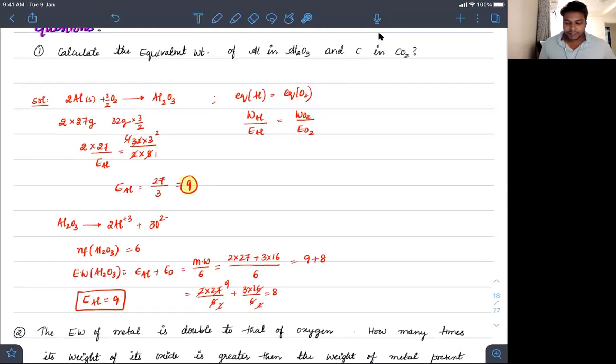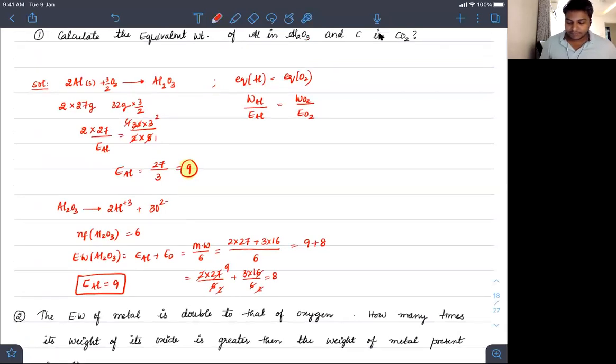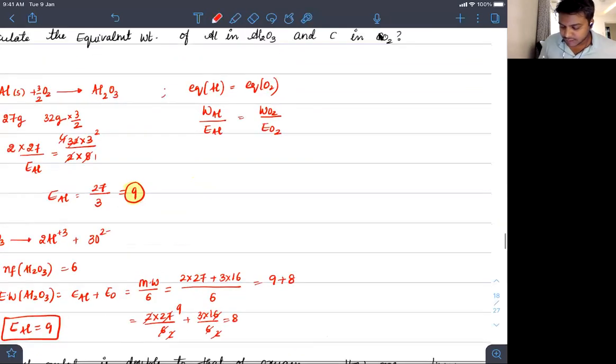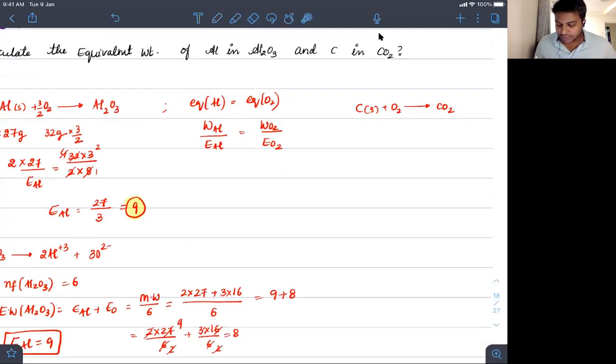Yeah. See it for carbon dioxide. For carbon dioxide, we can write it as carbon plus O2 giving CO2. If I write the same thing in terms of ions, it is carbon with plus 4 and 2 oxygen with 2 minus.